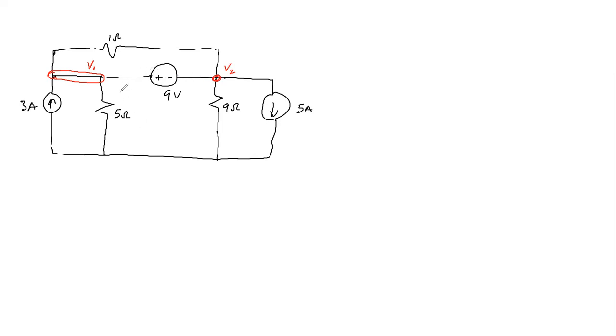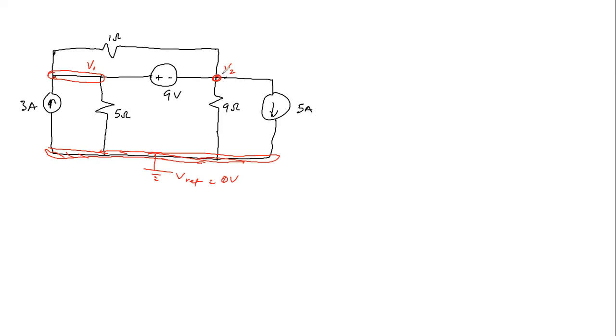The point here is, we also have the 3rd node, which is equally an essential node. Should we take this as our reference node, Vref equal to 0 volts? Then you realize that we have 2 independent nodes connected by a single voltage source.